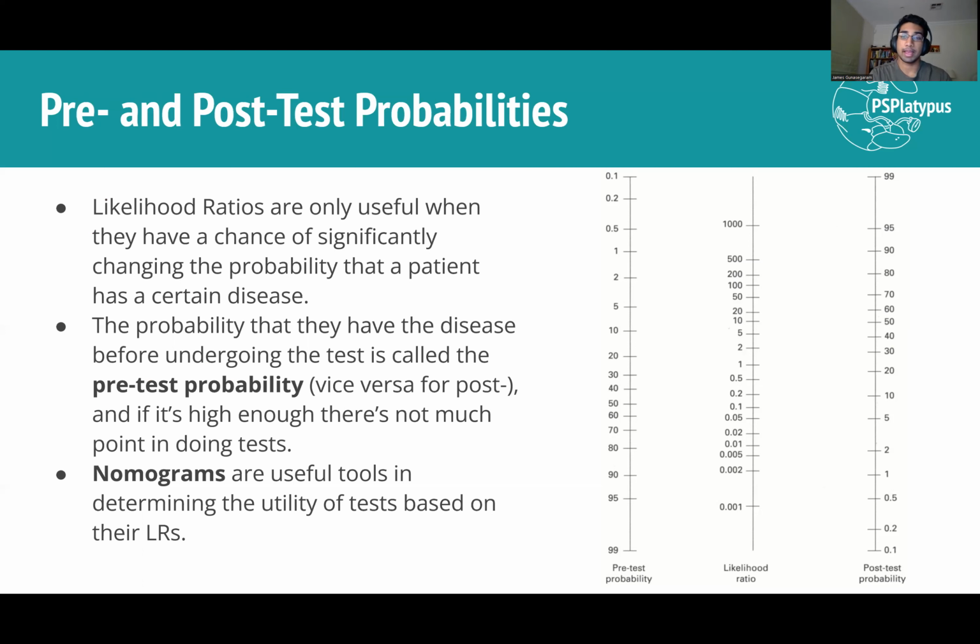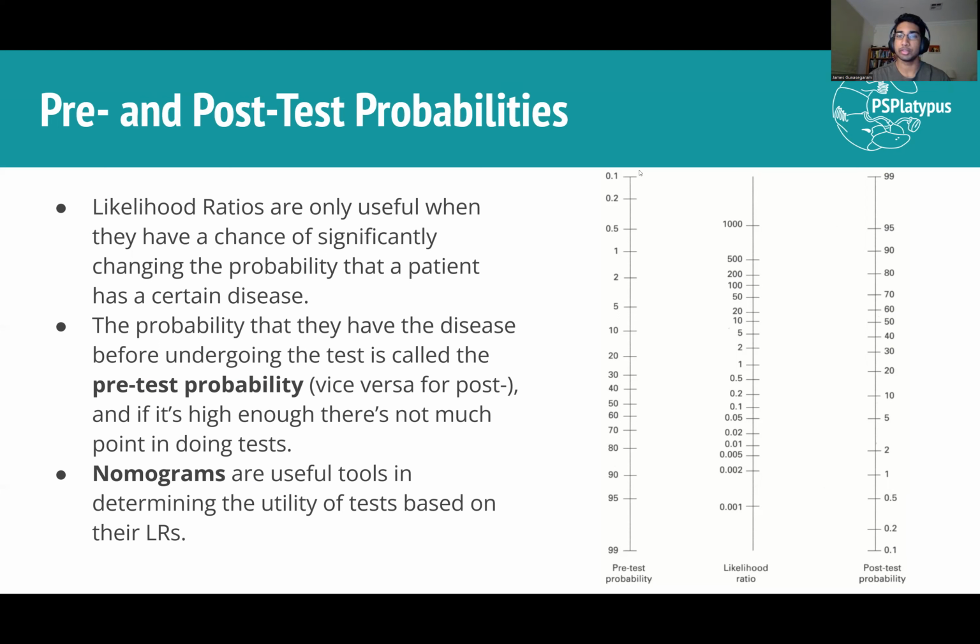And if we then say, okay, I'm going to do a test with a certain likelihood ratio, then the post-test probability is the probability after we get that test result that the person has the disease.